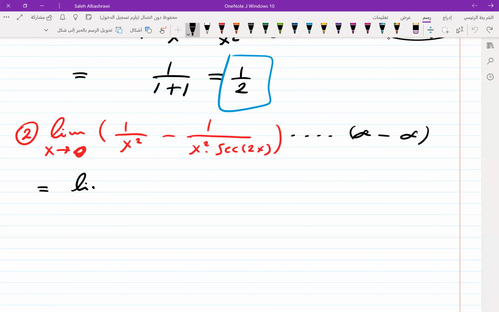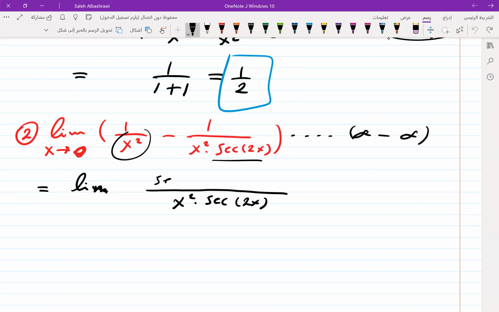The limit is, the common denominator is x squared multiplied by secant of 2x. We multiply the first one by secant 2x, so I'll have secant 2x in the numerator, minus the second part.